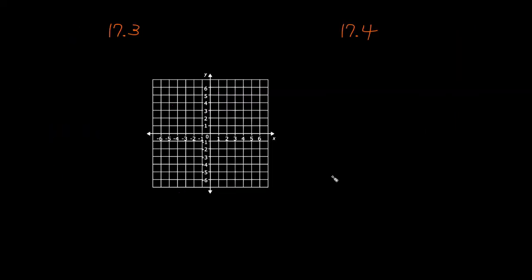In 17.3, we are going to find the length of a segment with endpoints of -4, -3, and +6, +1. So first, let's mark our endpoints. We want to find the length of this line.